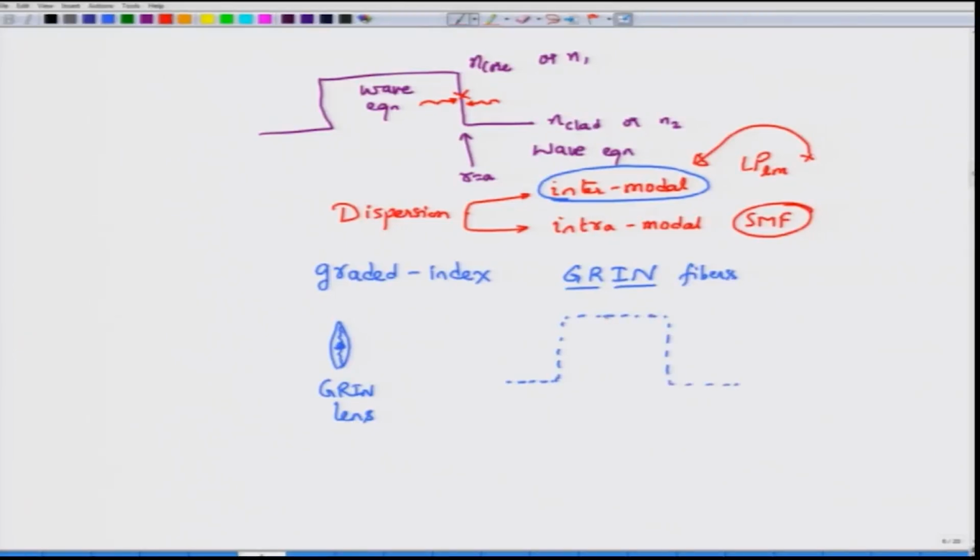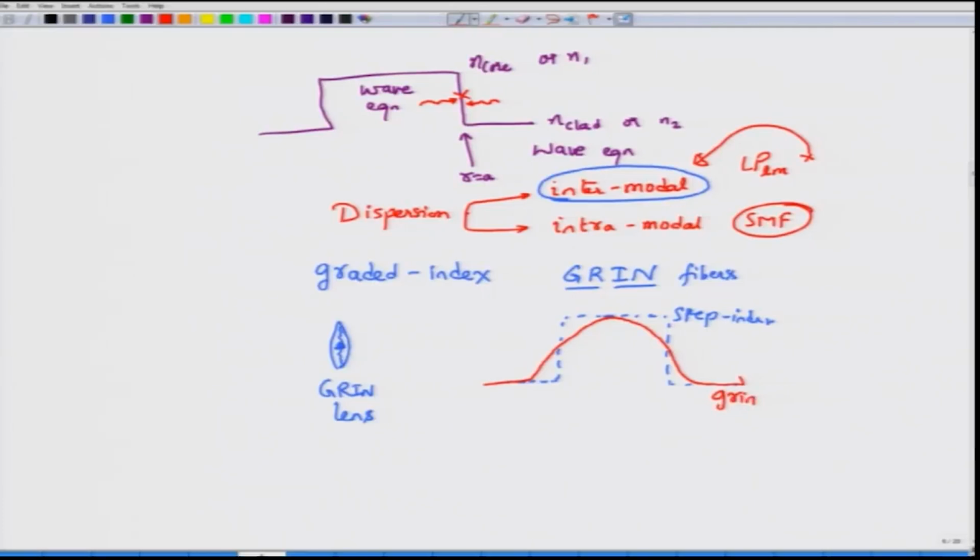For example, this is one of the graded index profiles which I have plotted in comparison with the step index profile. The blue color is the step index profile, and the red color is the graded index profile.